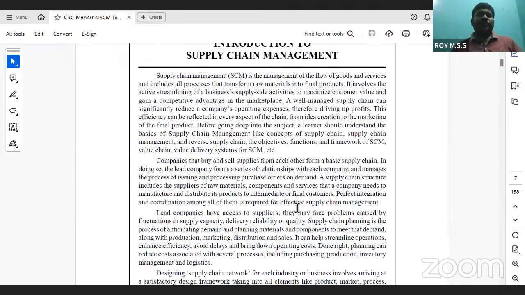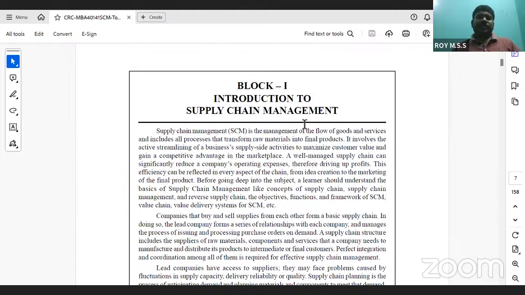In block 1 today, we are going to understand the introduction to supply chain management. It is the management of the flow of goods and services and includes all processes that transform raw materials into the final product. You need to understand this.